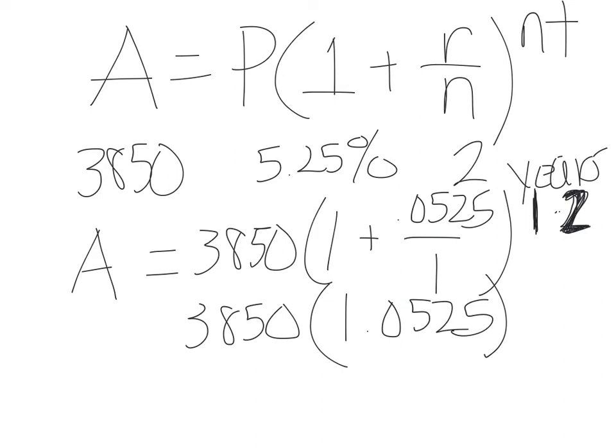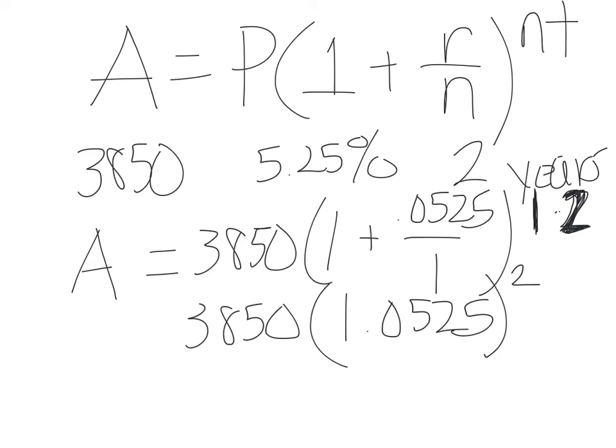Now out here, this is an exponent. These are powers. And it's 1 times 2, which means that's just that squared. Now, you can't do this multiplication until you do that. So the first thing I'm going to do is take 1.0525, and I'm doing x squared.